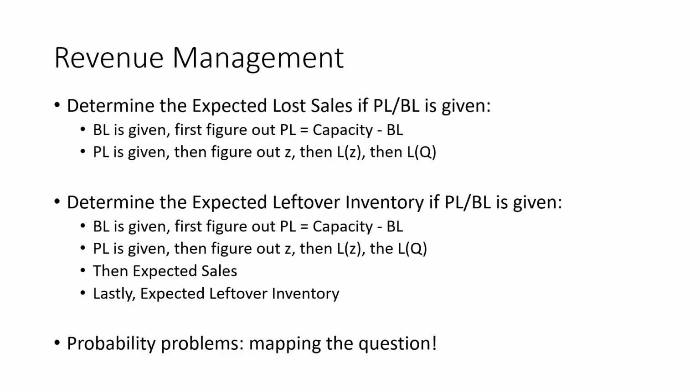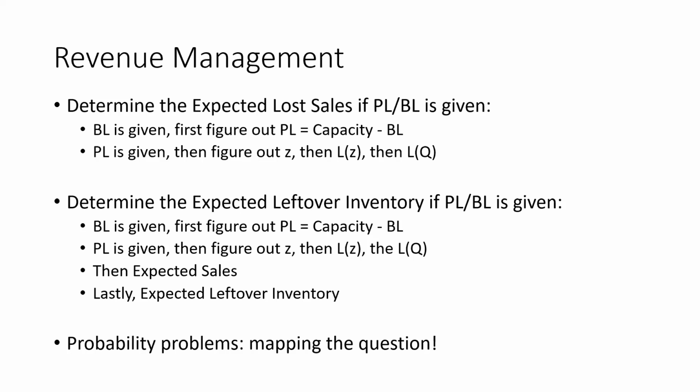If the protection level is given, then figure out the Z. Protection level is Q, so you standardize Q to Z, find L of Z in the loss function table, and then find L of Q. If it's a Poisson distribution, there's no extra step to find L of Z. With the value, you can find L of Q directly in the Poisson distribution table.